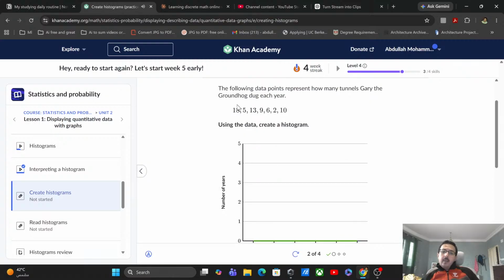Okay. The following data points represent how many tunnels the groundhog digs each year.